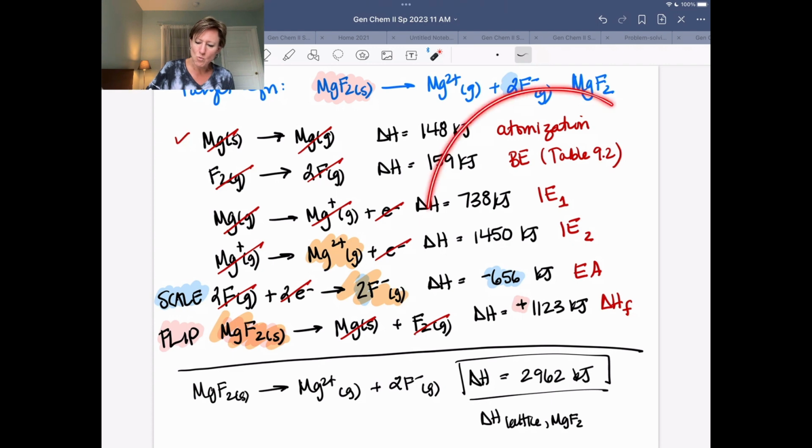Reviewing, I want you to know what these names are and be able to write an equation that would correspond to each, either for a real atom, or if I were to give you just a generic metal, that you could write an atomization equation, what bond energy looks like, ionization energy, electron affinity, a delta H of formation equation, or a lattice energy equation. So be able to think about this qualitatively in that regard, and then also be able to do a more involved quantitative Hess's law problem.